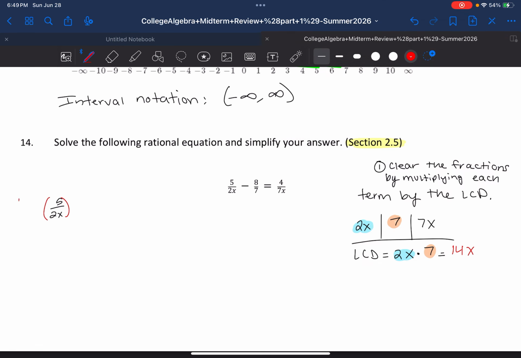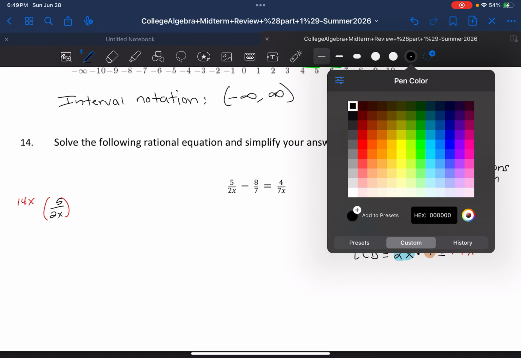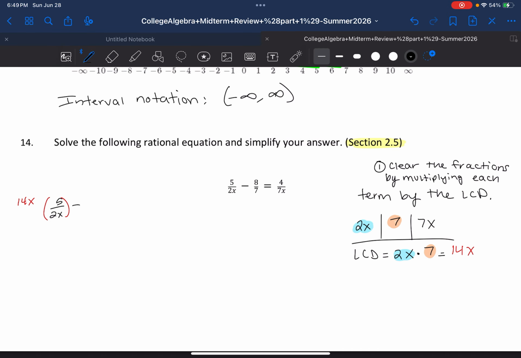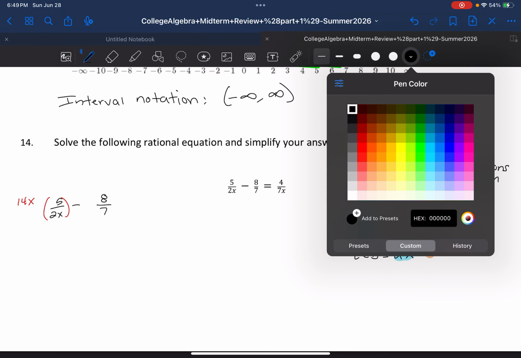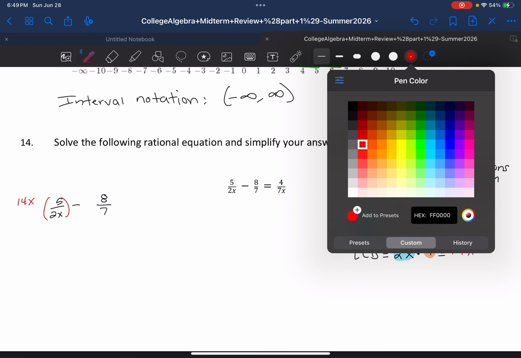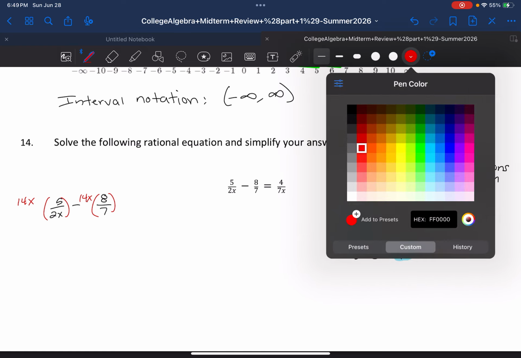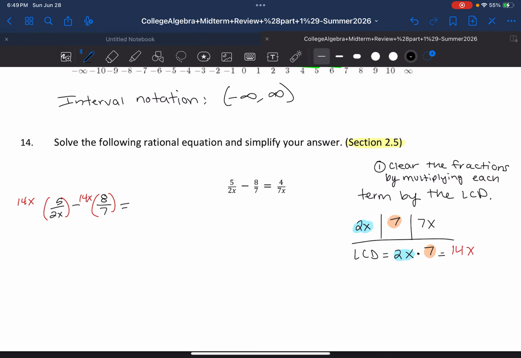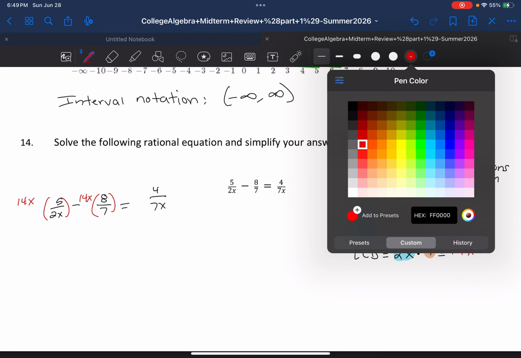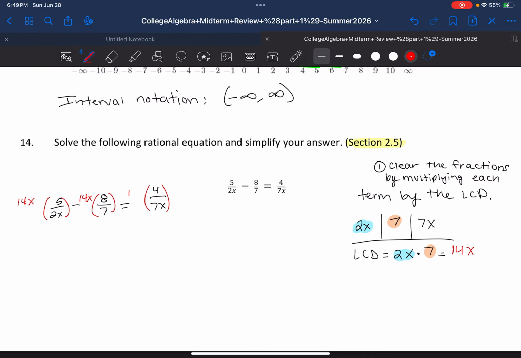So I have 5 over 2x times 14x, minus 8 over 7 times 14x, equals 4 over 7x times 14x.